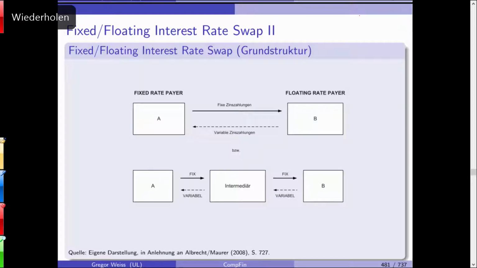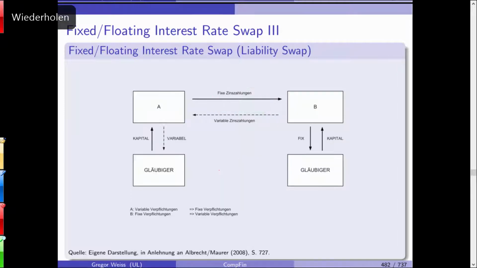On the next couple of slides, you can see that, for example, here we pay fixed interest rates and we get variable payments, and this is the basic structure of a swap. It might also be with an intermediary in between.